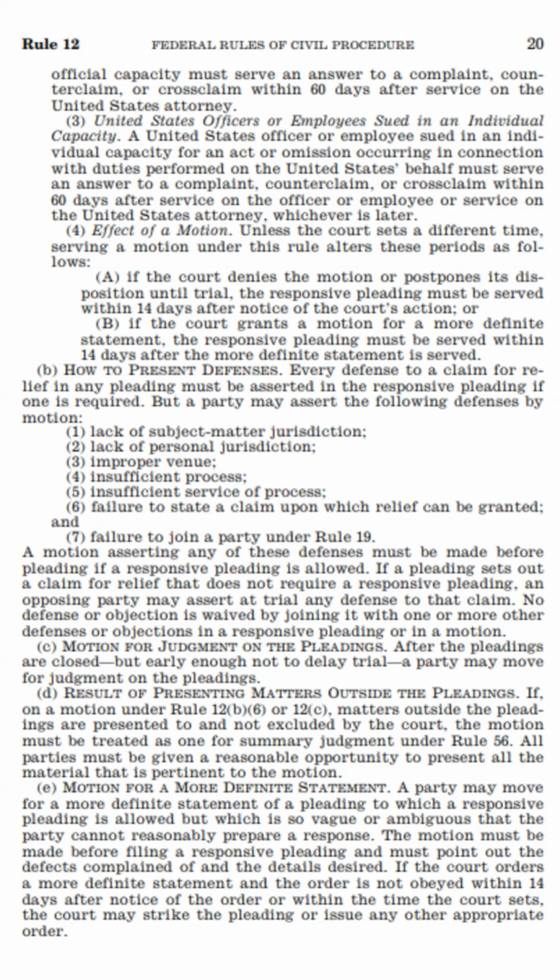United States officers or employees sued in an individual capacity. A United States officer or employee sued in an individual capacity for an act or omission occurring in connection with duties performed on the United States' behalf must serve an answer to a complaint, counterclaim, or cross-claim within 60 days after service on the officer or employee or service on the United States attorney, whichever is later.